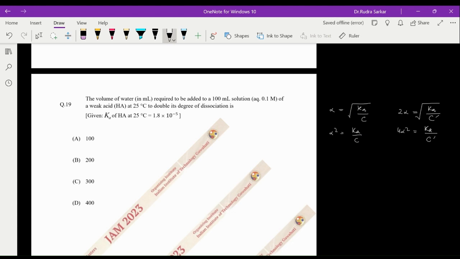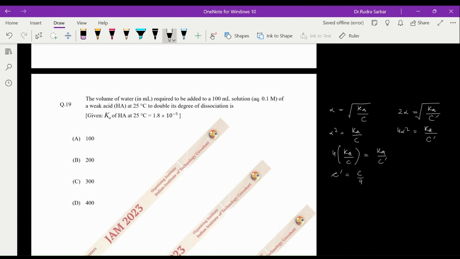From these two equations we can write that Ka by C equals Ka by C prime times 4, and then we can say C prime equals C by 4.